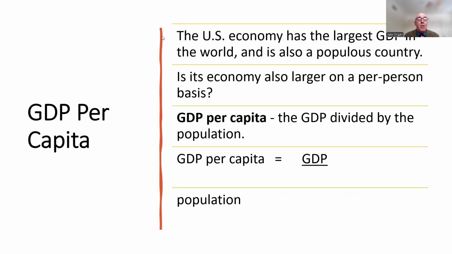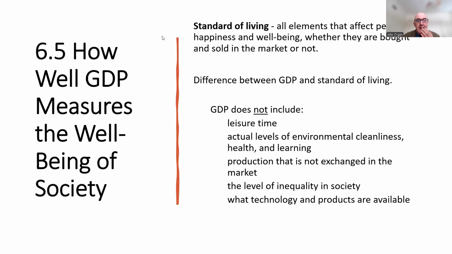No. The way we can try and get a sense of how well off the average person is, is by the measure of GDP per capita. So GDP per capita is GDP over the population. And so that measures how well people are off economically.